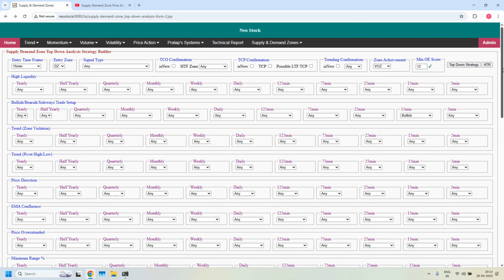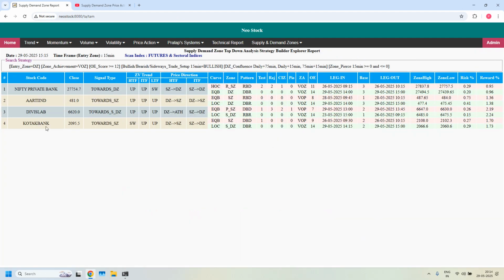With all the three filters, we got 4 stocks. In these 4 stocks, the 15 minutes demand zones are overlapped with the 75 minutes demand zone. Both together are again overlapped with the daily demand zone. And the daily trend is up in all the stocks except the last one.